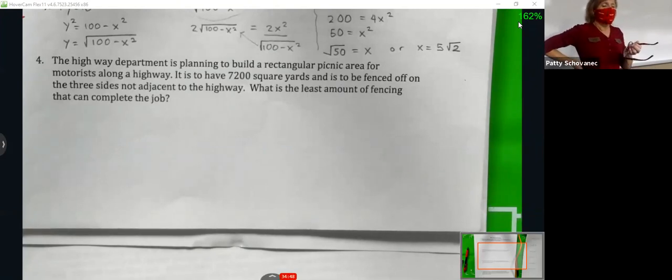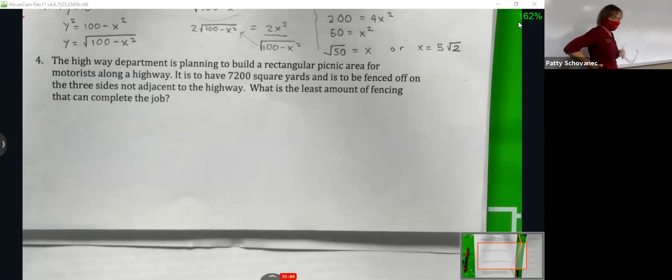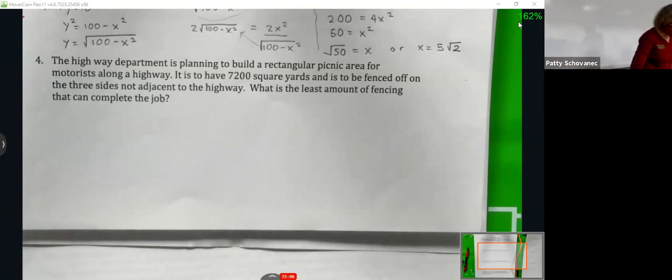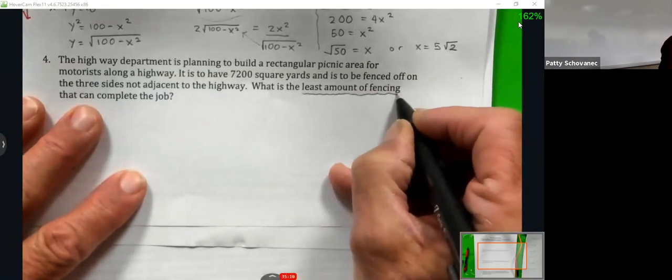Area. So the area of this rectangular picnic area is 7,200 square yards. It's fenced off on the 3 sides not adjacent to the highway. What's the least amount of fencing to complete the job? So there's our objective, the least amount of fencing. We want to minimize the fencing.